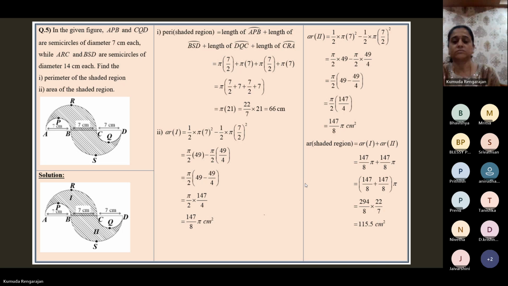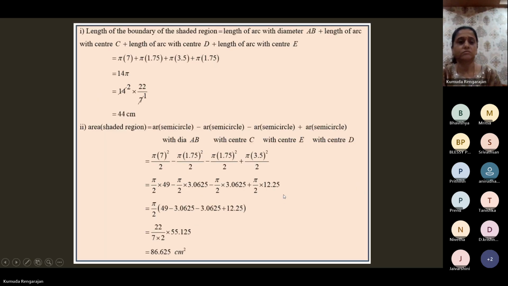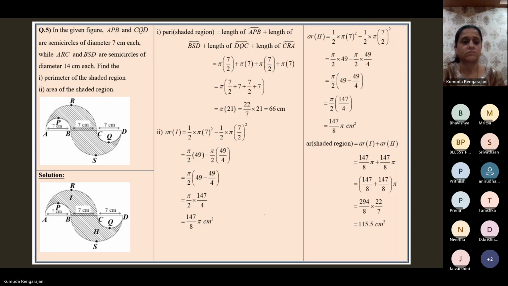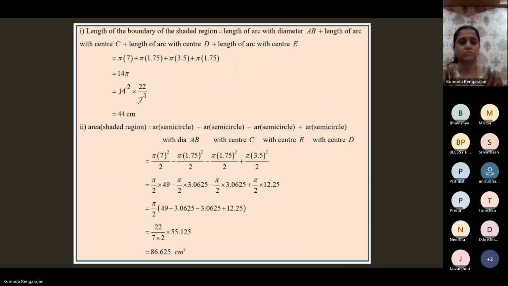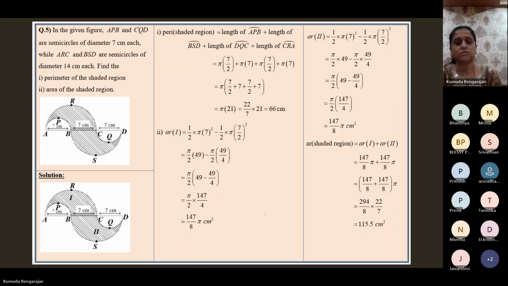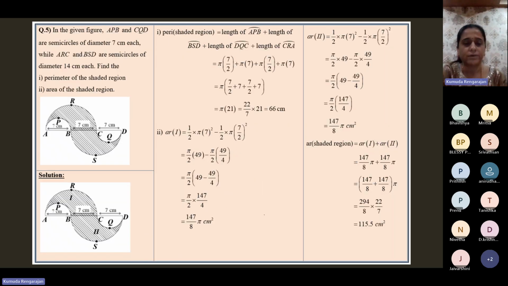Okay. Is the answer complete on this slide? I have another slide here. What is this? Perimeter of the shaded region.